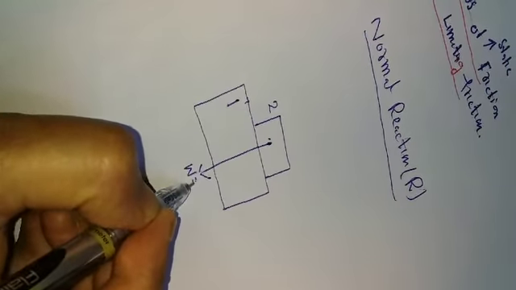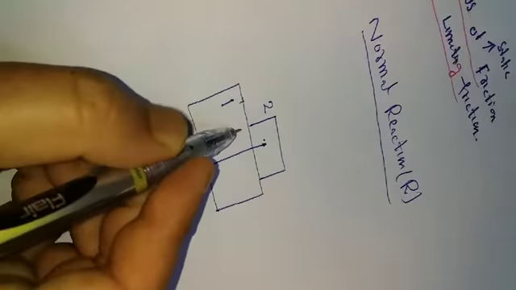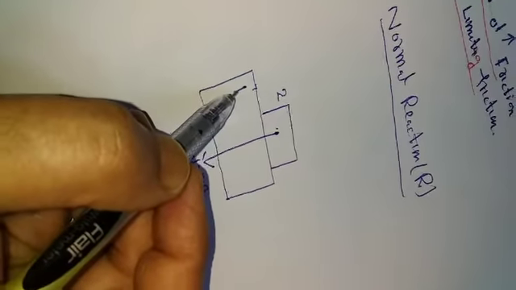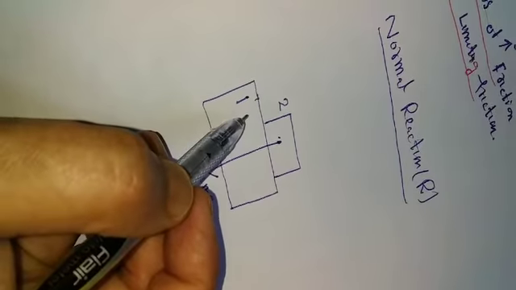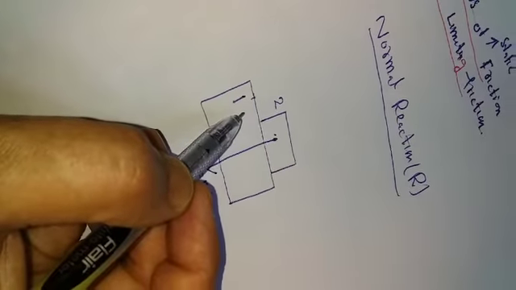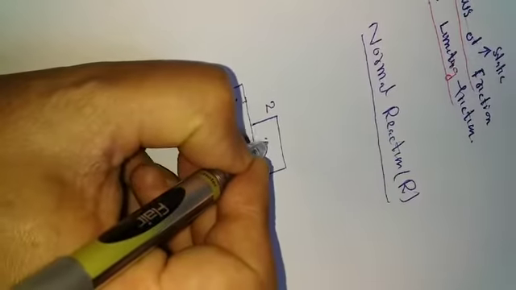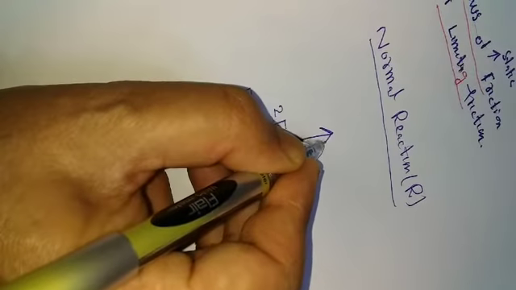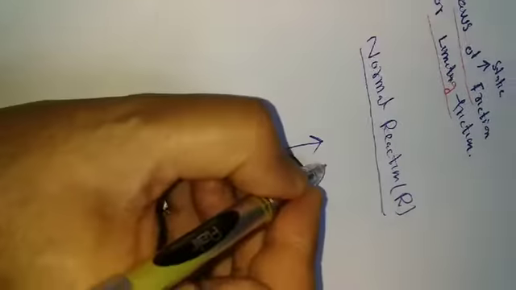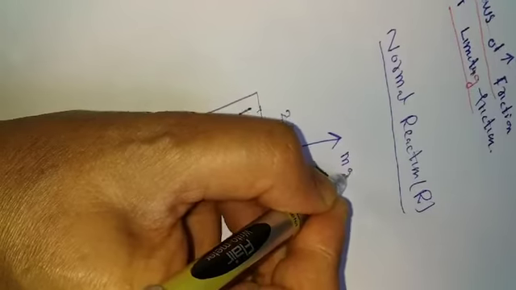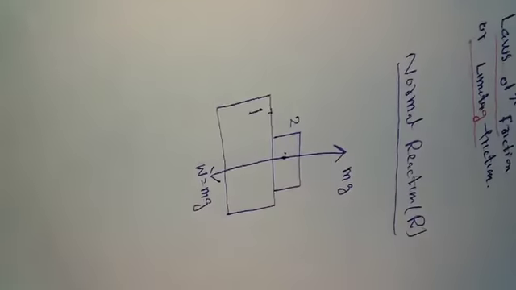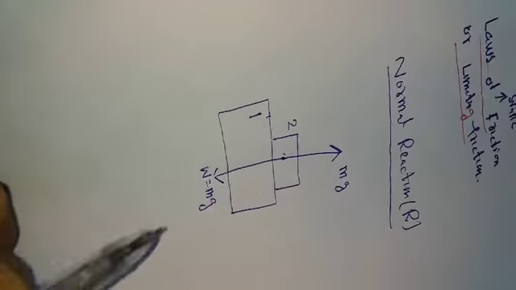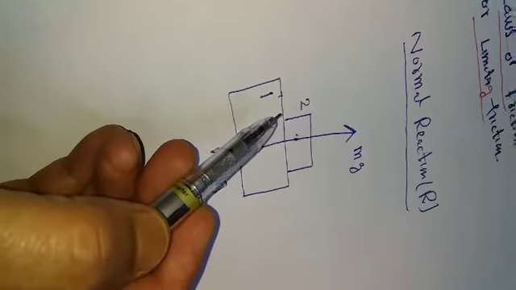That is weight, that is called mg. But on the other hand, body 1, as per Newton's third law, applied a force in the upward direction, and that is the reaction force, equal to the weight of the body, mg. So these two forces balance each other.